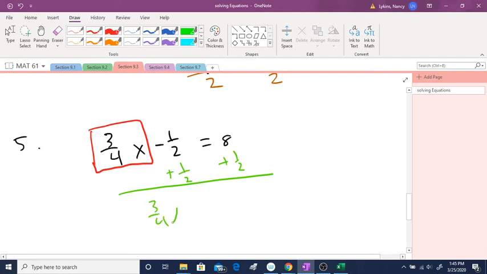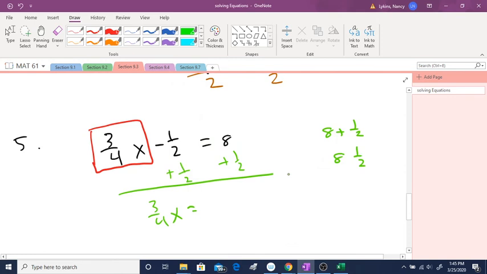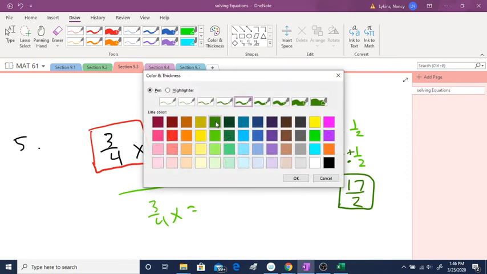So I've got 3/4 x equals, over here on the right, 8 plus 1/2, which is the same as 8 and 1/2. Now, if you can recall from mixed numbers and improper fractions, you would say 2 times 8 plus 1. So 2 times 8 is 16 plus 1 is 17, and you keep the same bottom number, or the denominator.